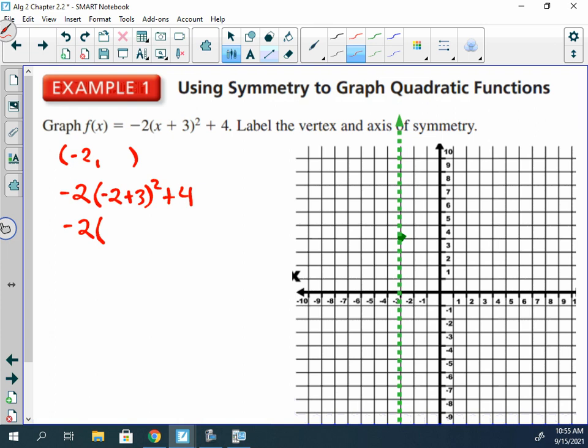Negative 2 plus 3 is 1. 1 squared is 1. 1 times negative 2 is negative 2. And negative 2 plus 4 is 2. So we do have the point negative 2, 2.